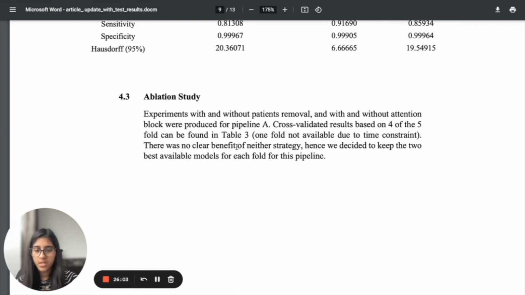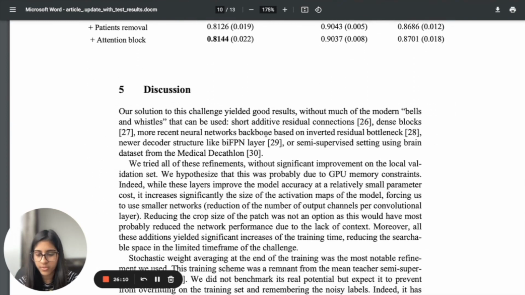Aside from that, they then talked about the discussion, which is where they concluded it, even though there was a conclusion. This part was the one where you're like, okay, this is gluing everything together. Basically, they said the solution was pretty good for them, even though they didn't use a lot of different variations. They could have used different types of residual connections, which were basically the concatenation ones.